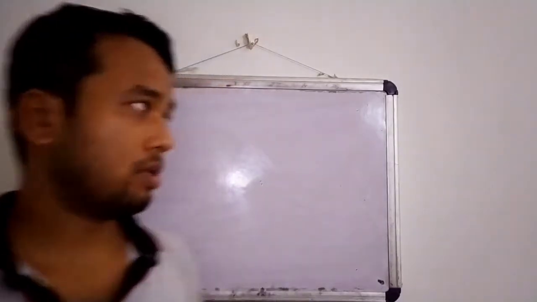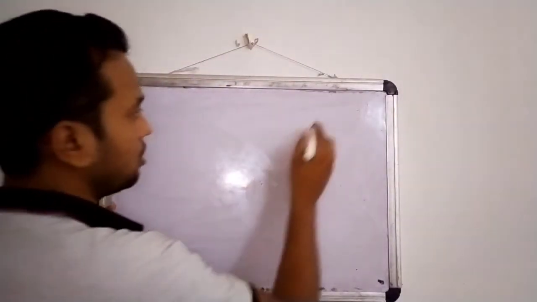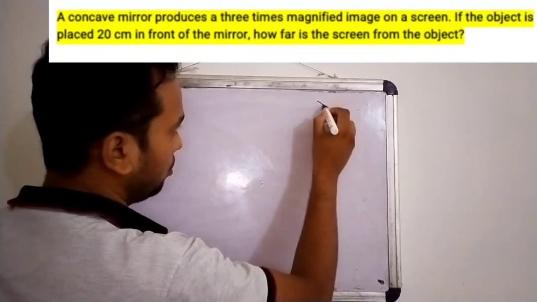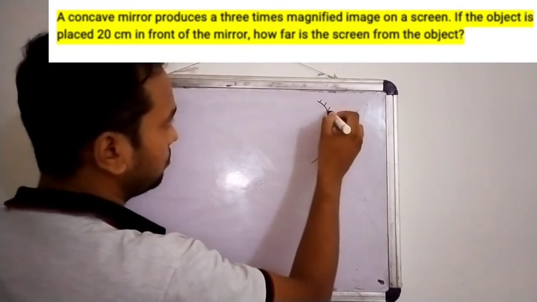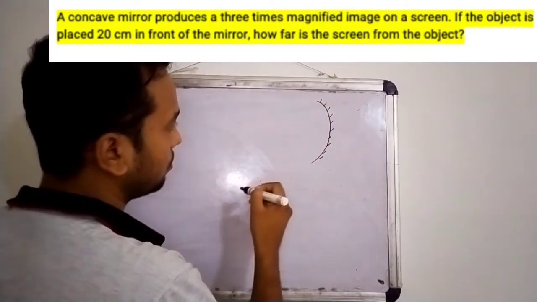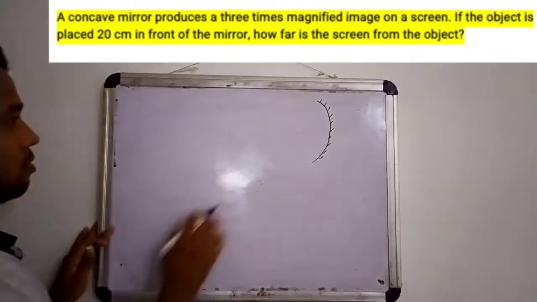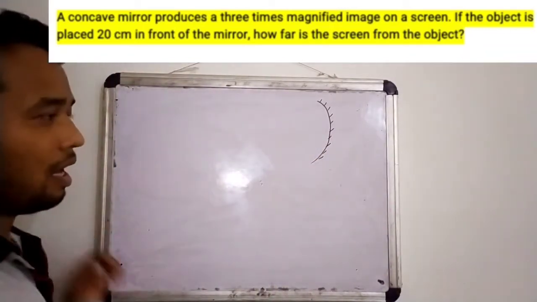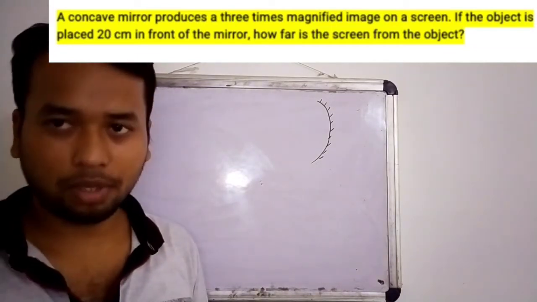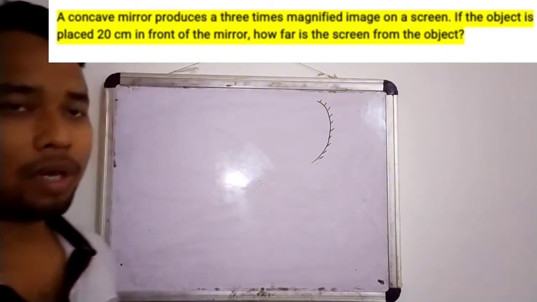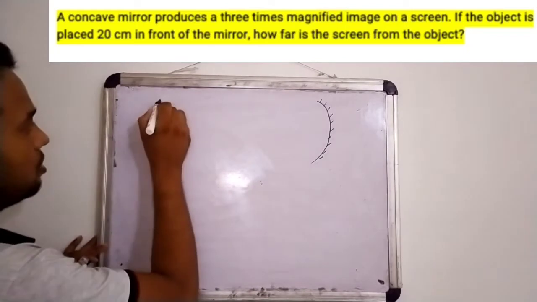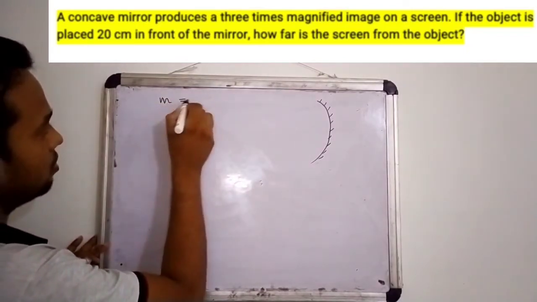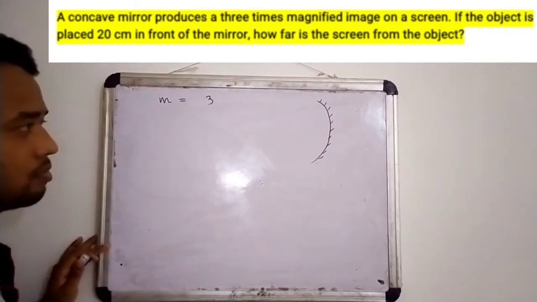Now the third question is, again we take a concave mirror. This concave mirror produces a 3 times magnified image. That means m is equal to 3.